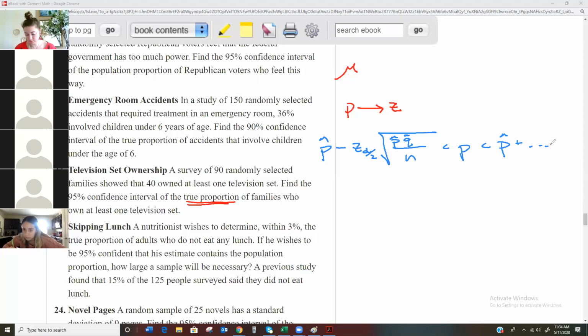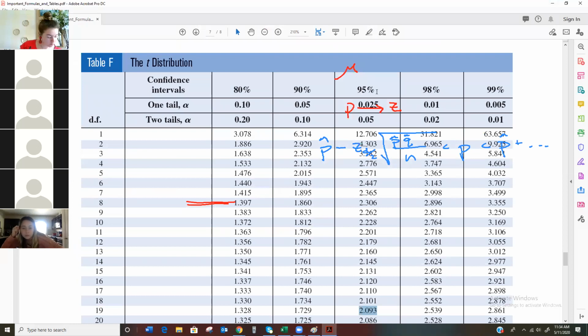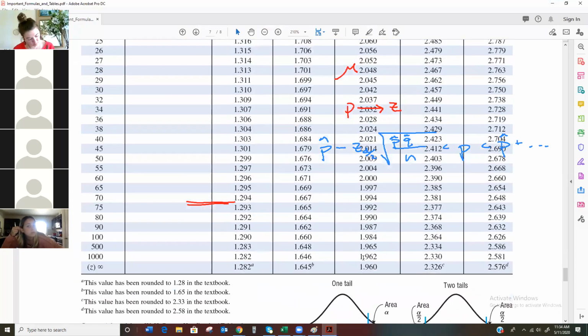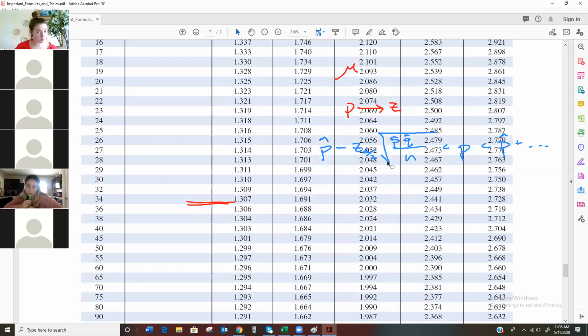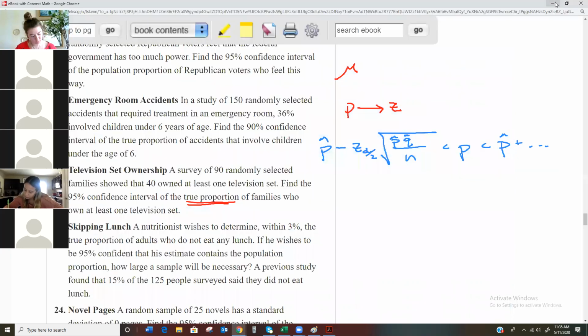A 95% confidence interval. Let's see if we can find the Z. For a 95% confidence interval when you're doing a Z, that's 1.960. So for a Z, 1.96.